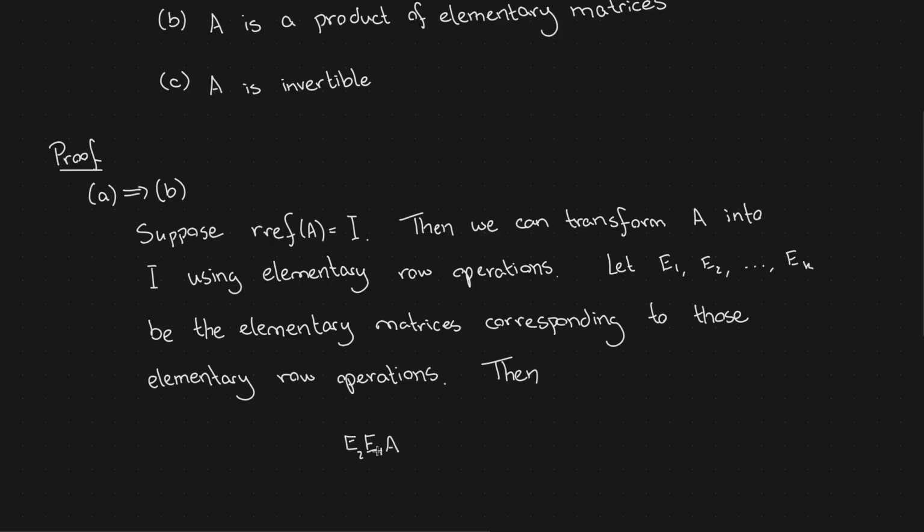So E2 times E1 times A is what I get after applying 2 elementary row operations. I keep doing this until I apply all the elementary row operations. Okay? Once I'm done applying all the elementary row operations, I'm going to get the reduced row echelon form of A, which is equal to the identity matrix.